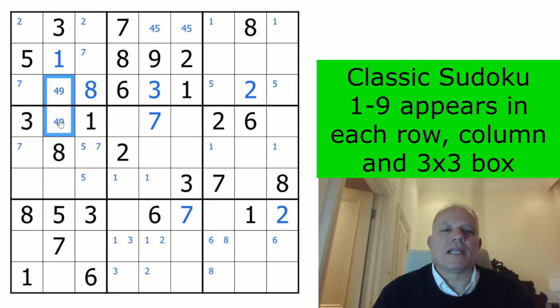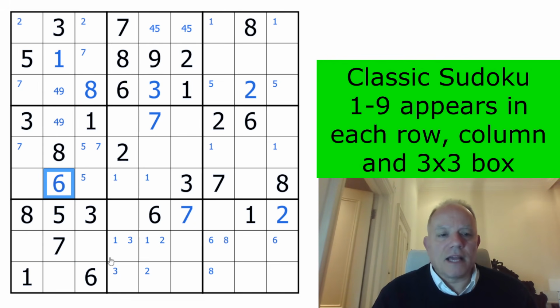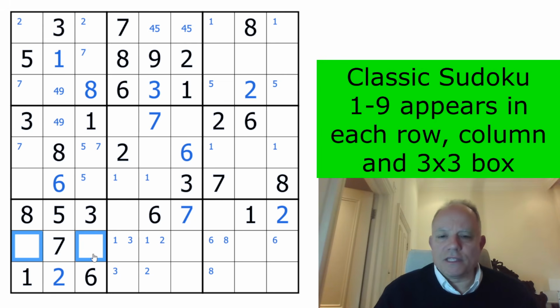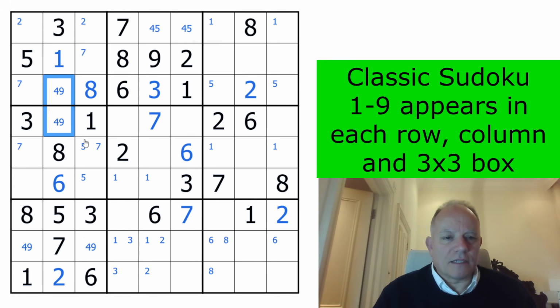And it's only by establishing that 4, 9 pair that I've been able to spot that that's a useful question and that this is the only place. So that gives us a 6 there, a 2 down here, gives us a 6 in the middle box. We've only got 2 or 3 6s left to mark in the puzzle. This is now a 4, 9 pair, just like that. 2 has to be in one of these 2 cells.